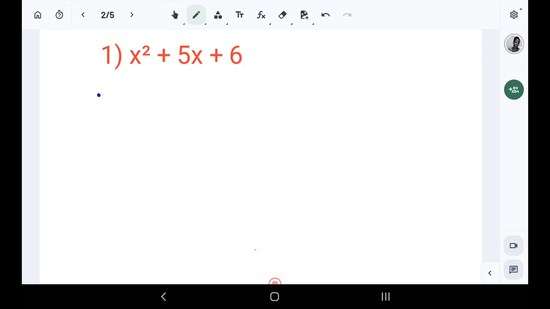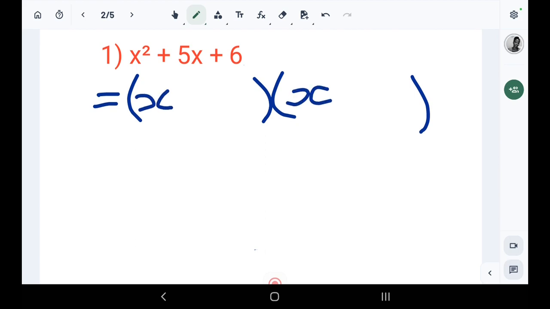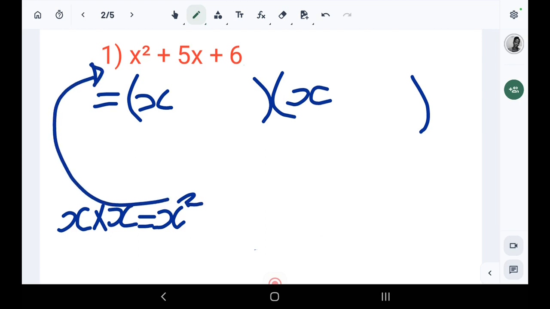The first step you do is you write equals and write a pair of brackets. In the first bracket of each pair, you will write x in both. Why? Because when you multiply them together, x times x gives you x squared, which is the first term of the original algebraic expression we're trying to factorize.